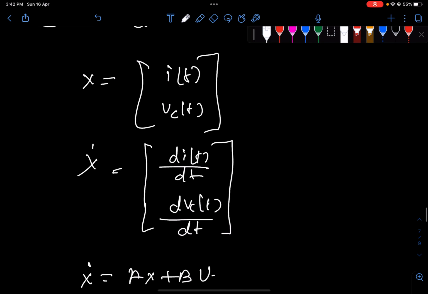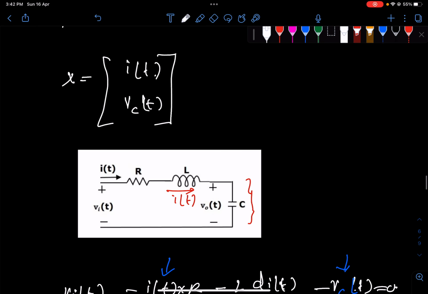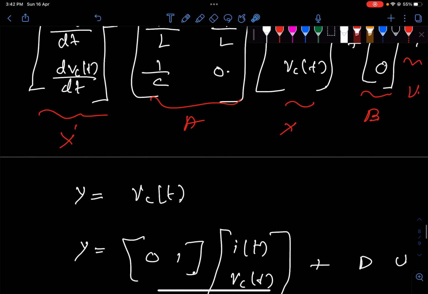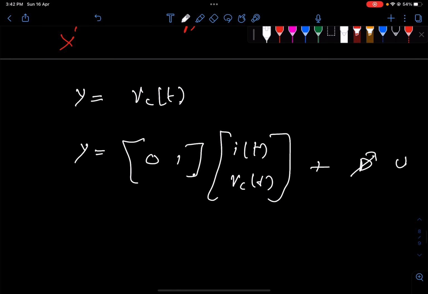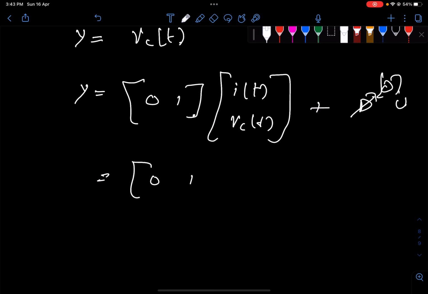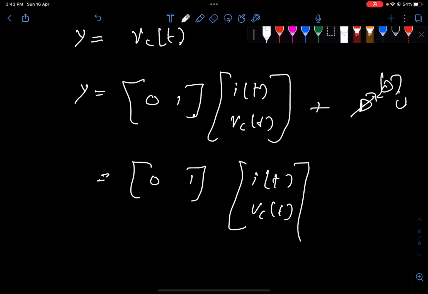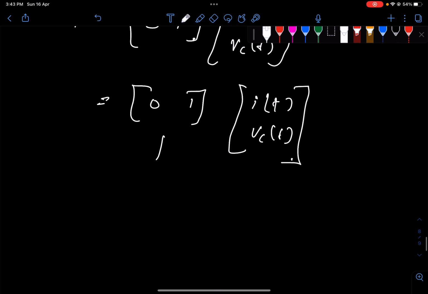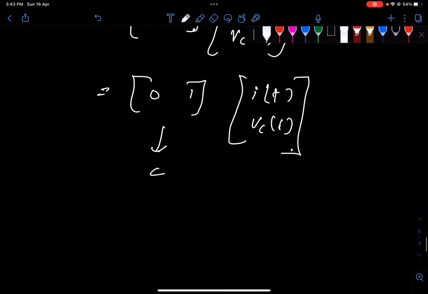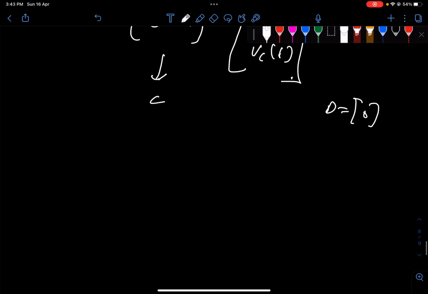Is there any feedforward from input to output in the system? No, right? So D is a 0 matrix. We can write y as 0 1 times I of t and Vc of t. So this is the C matrix, and the D matrix is 0. This is how we convert from a circuit to state space.